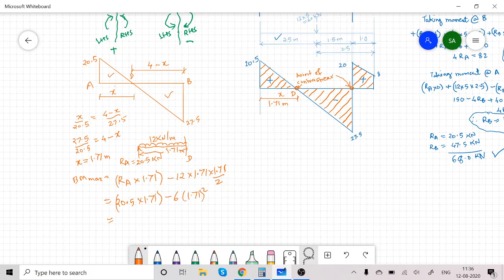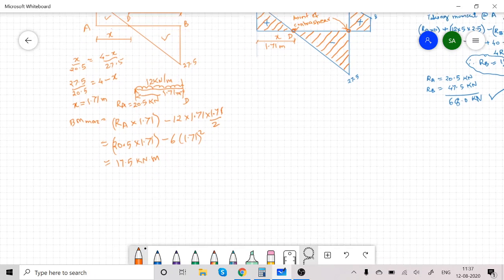If you calculate this, the bending moment at D is 17.5 kilonewton meter. This is the maximum bending moment at D.